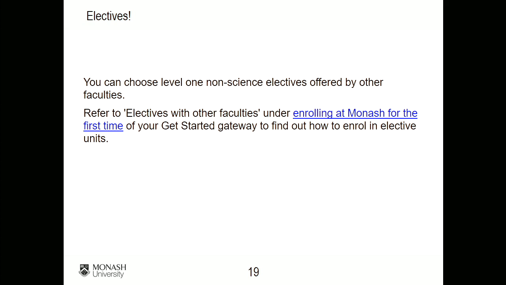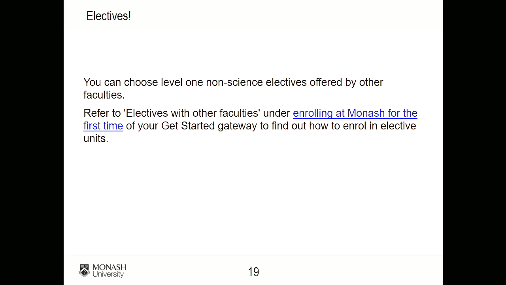There's a list of approved electives through the Faculty of Education. In the Faculty of IT, you can enrol online. In medicine, you're not allowed to enrol in any units that are coded BMS or MED because they're only available to biomedical science students and medicine students.